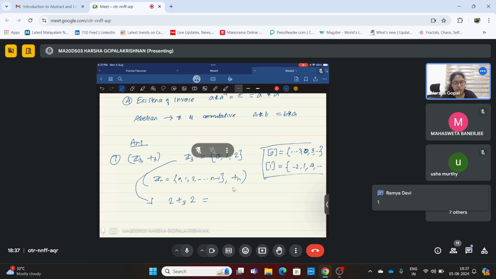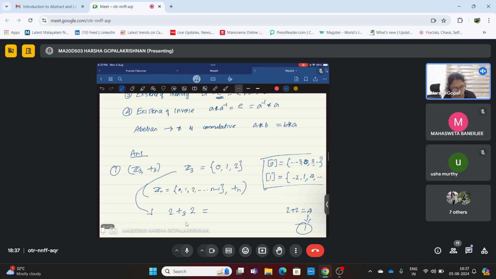To find this, we just add the things. 2 plus 2 is 4. Now, what will be the remainder when 4 is divided by 3? It will be 1, so 4 belongs to class 1. So 2 plus 2 should be equal to 1. That is the operation addition modulo 3. In the same way, addition modulo n works like this. I hope the operation is clear for you.